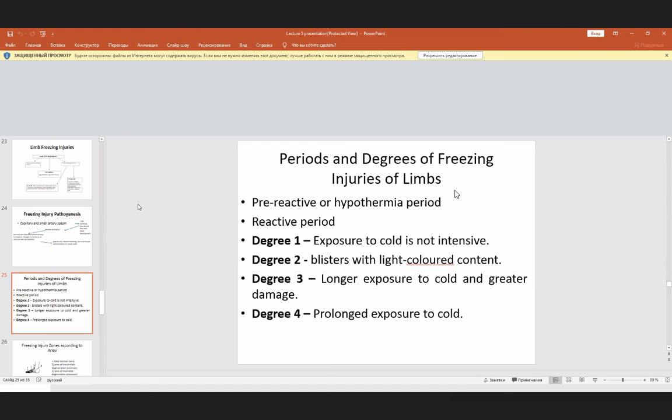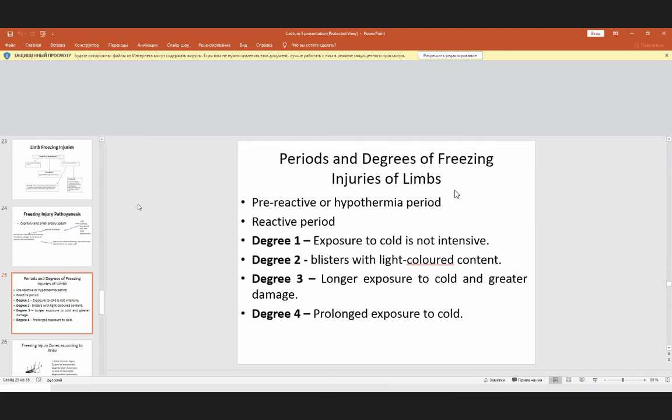Period and degrees of freezing injuries of limbs. Two periods of freezing injuries are recognized: pre-reactive and reactive. The pre-reactive or hypothermia period lasts from several hours to 24 hours.